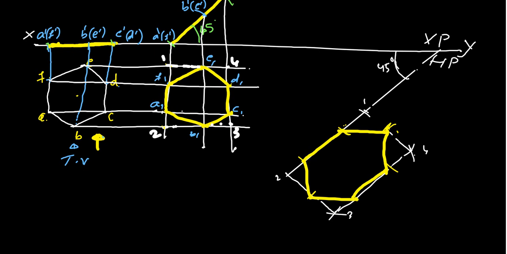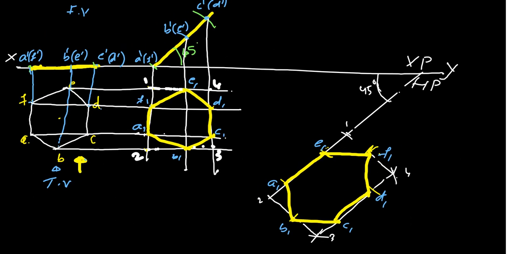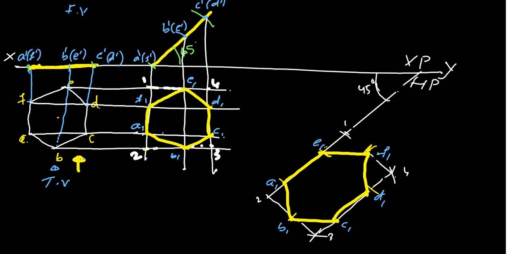Okay, now again mention the same naming here. Like you can mention A1, B1, C1, D1, F1 and E1. Okay, so after that make projections again. All these lines you have to project upward.